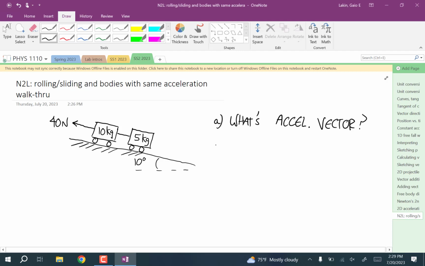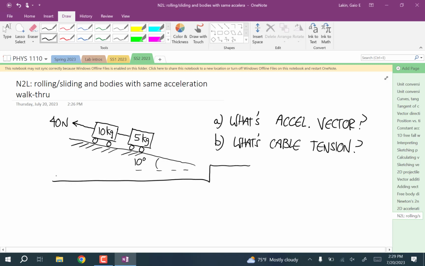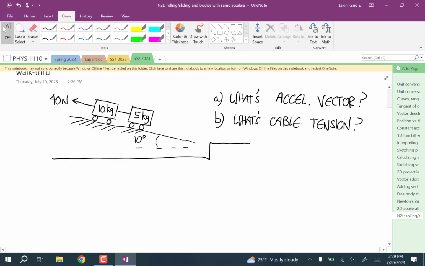And then second, what's the cable tension between the two bodies? That's actually a really useful thing to calculate in engineering type problems because the cable tension is going to tell you how strong a cable you have to have there, or if the cable that you have, if you have to be worried about it breaking.